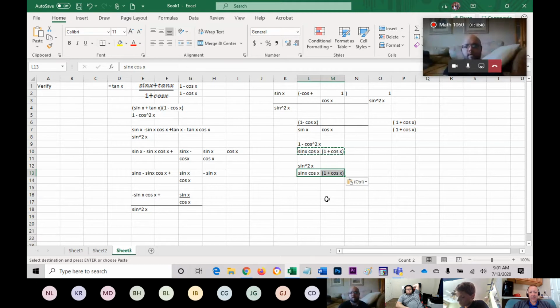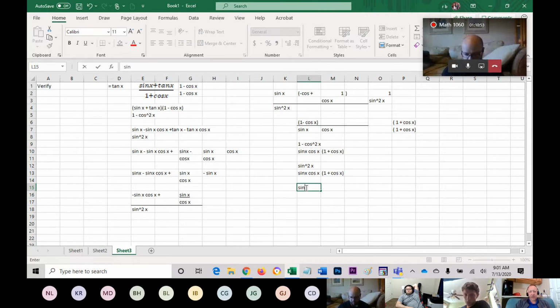Okay, so now you can get rid of one of the sines on the top and the sine on the bottom. Perfect. So those would cancel out. So I've got the sine of x on the top. The sine goes, so now I've got cosine of x times 1 plus the cosine of x.